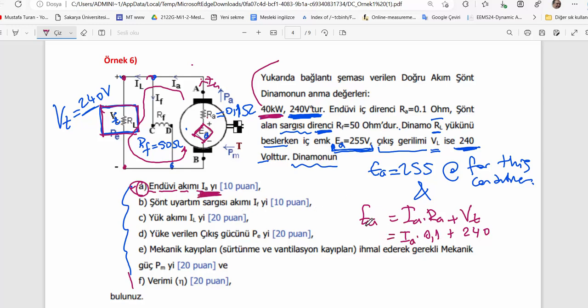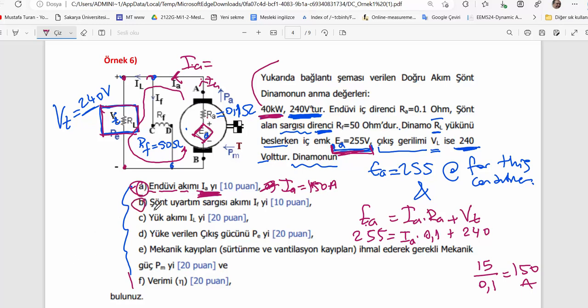The EMF was given in the question as 255. So 255 minus 240 makes 15. 15 over 0.1 makes 150 amps. As you see, it was very easy. Armature current is 150 amps. We have just calculated.